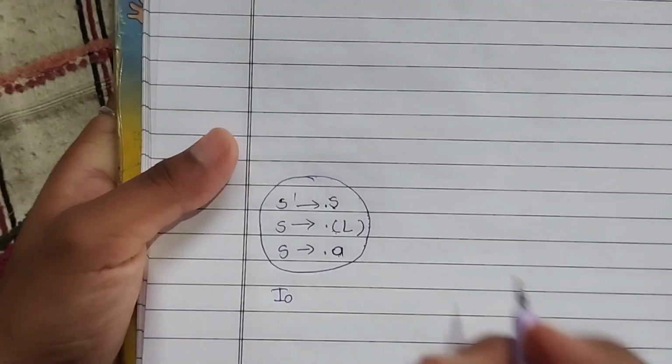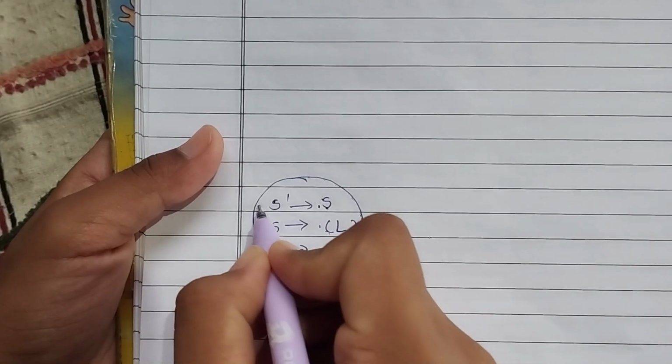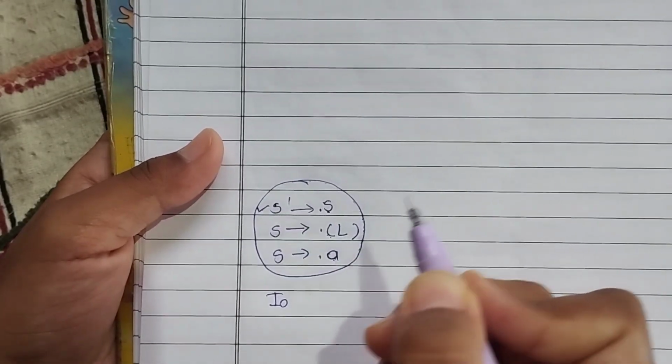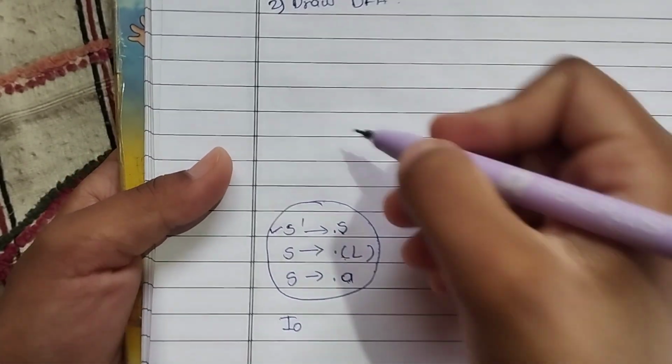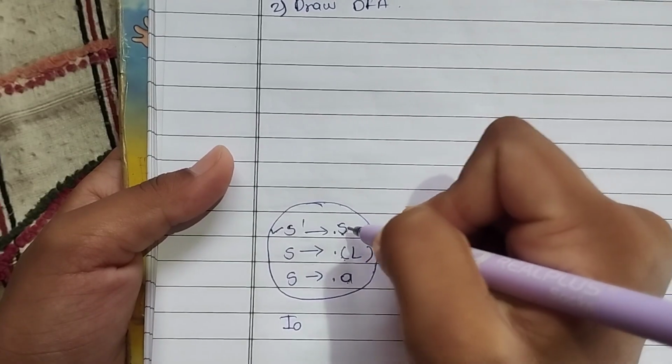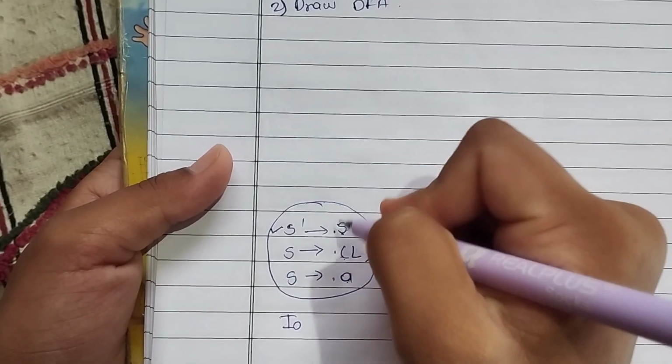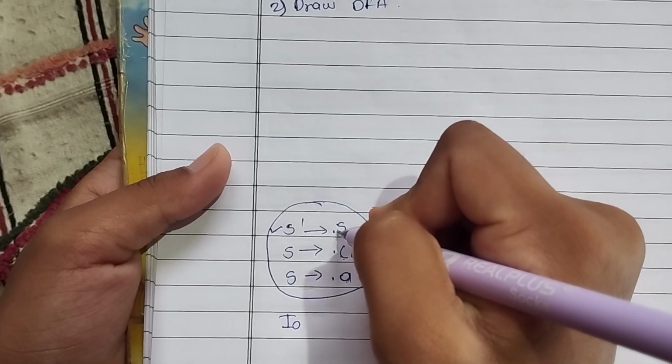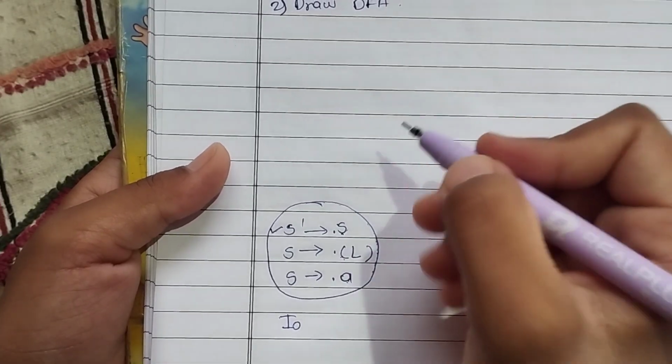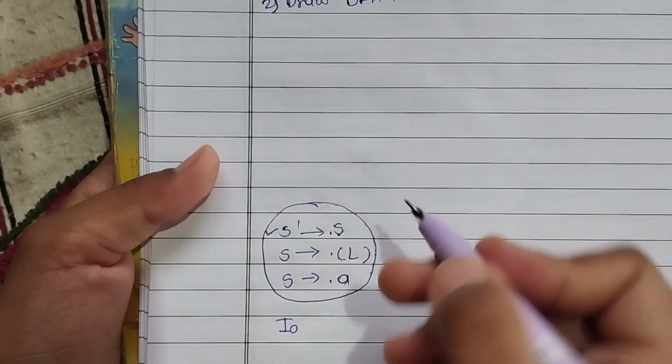Now we visit one by one. First, S. This is for S' → S, and we move the dot operator in front of the next position. We change the position one character at a time.